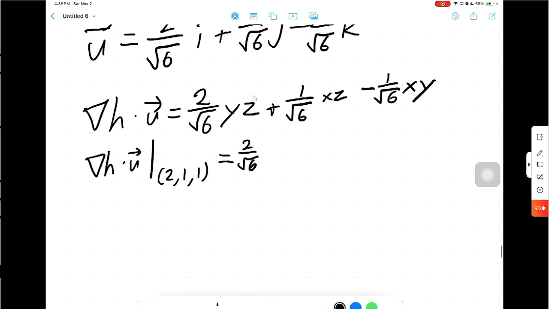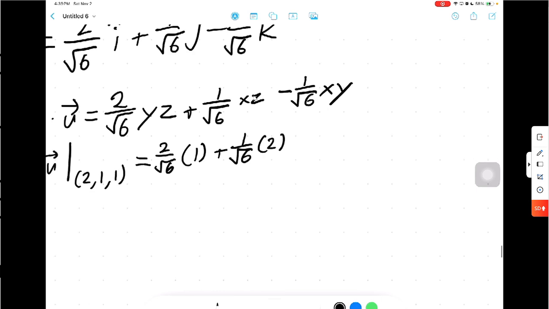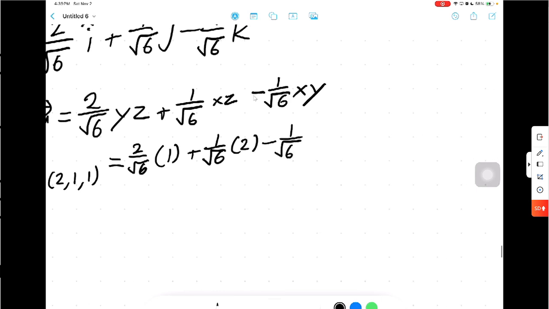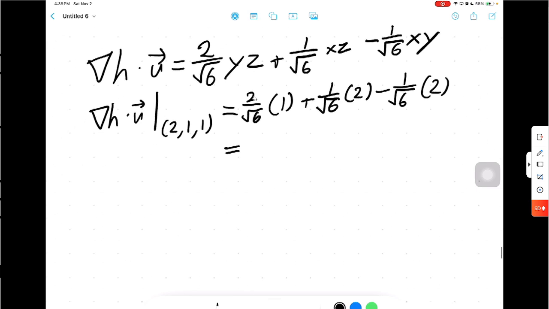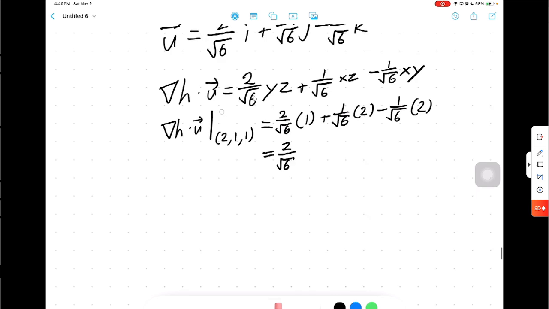Two over root 6, yz is just 1, xz is 2, and xy is also 2. This one and this one are just going to evaluate to 0, so we just get 2 over root 6 as our answer. Oh, the vertical line means evaluated at.